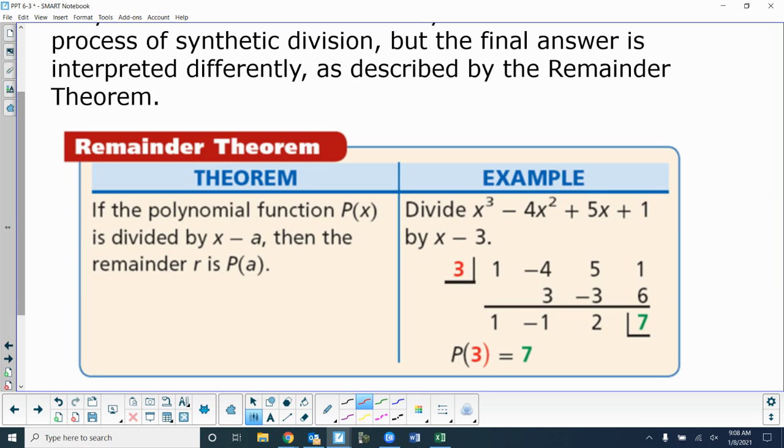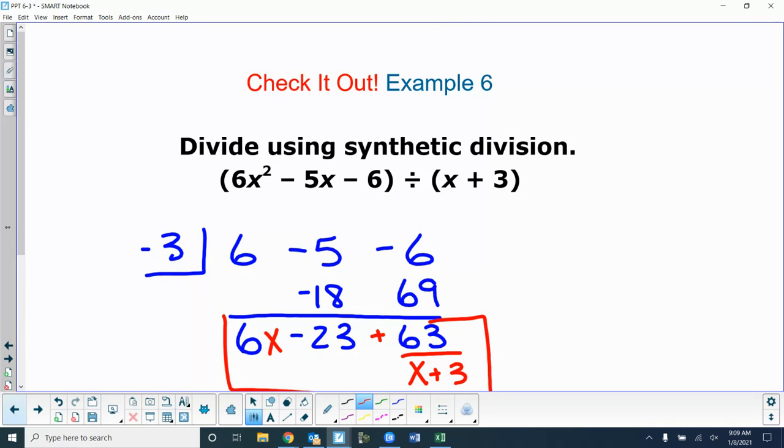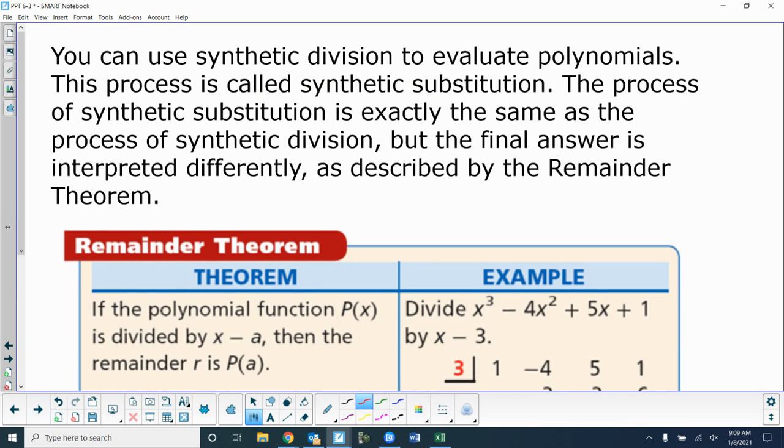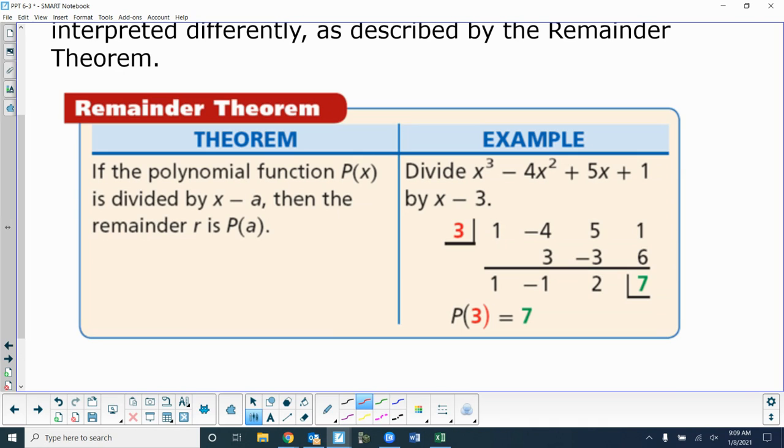Okay, everything's the same. But the difference is, because they're calling it synthetic substitution, you don't have to write this out. All you're worried about is what the remainder is. Okay?